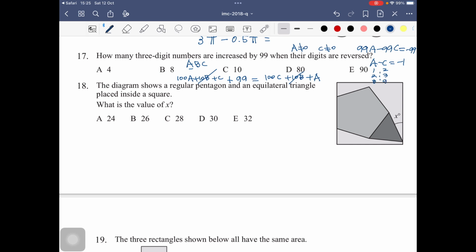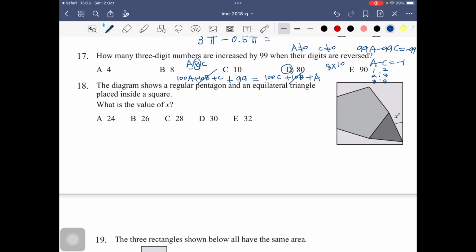So there are 8 pairs for A and C. But B can be any digit from 0 to 9, which has 10 different ways. So 8 times 10, which is 80.